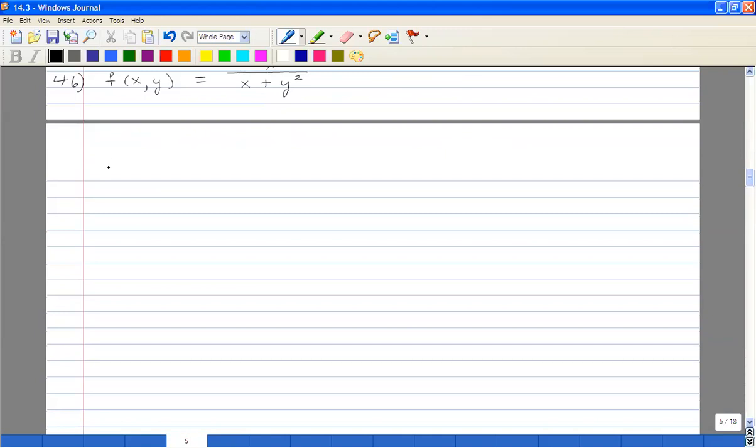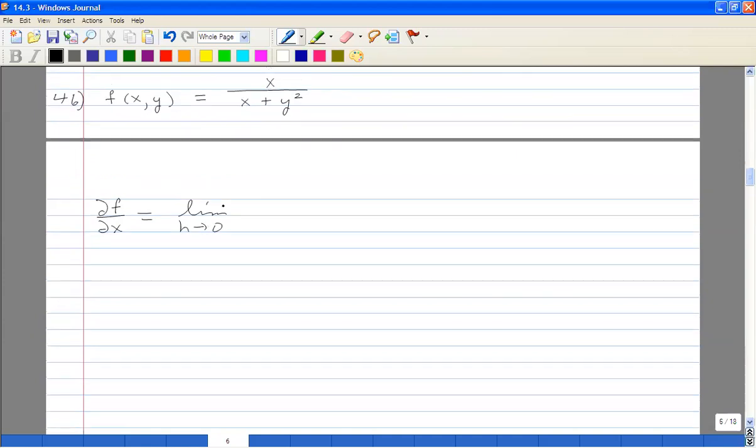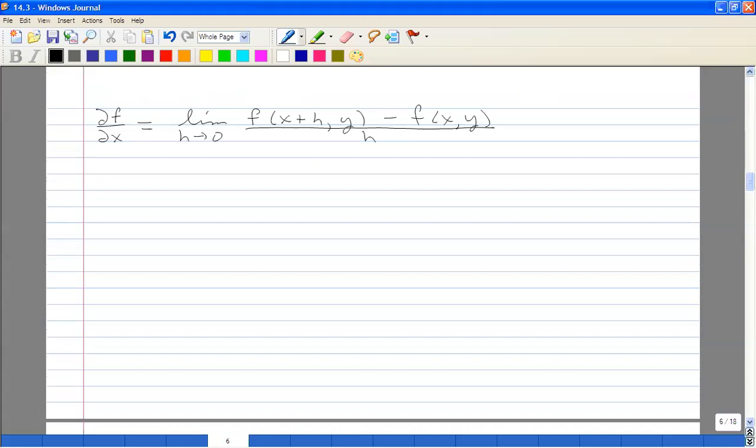So the partial of f with respect to x is the limit as h approaches 0 of f of x plus h, y minus f of x, y over h. So that's just the limit definition. And let's do it for this particular case.